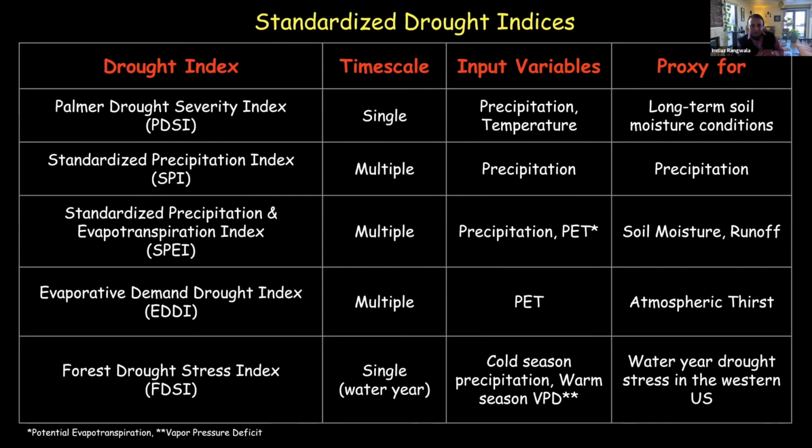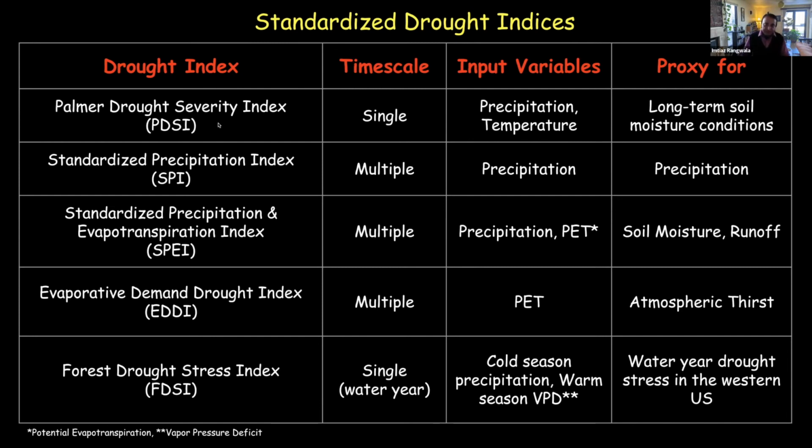Today we'll be talking about select drought indices. There are many more indices out there, but we've been working on these few with our stakeholders, and our experience with them is greater, so we bring them out in our discussion today.